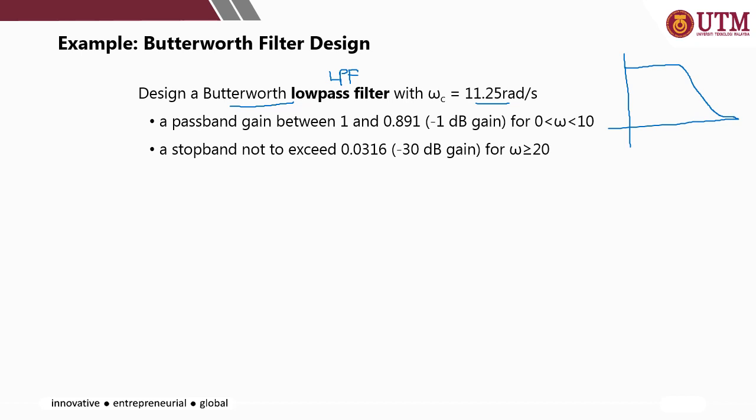Okay, and the omega c, as you know, is at 3 dB attenuation. This is where your omega c is, so it's 11.25 radian per second.